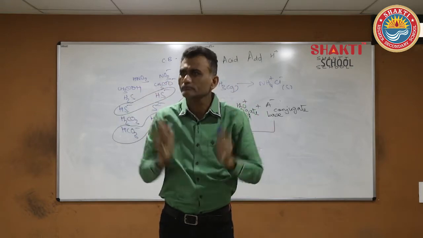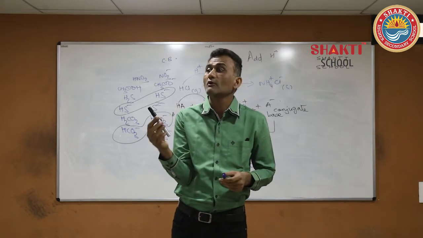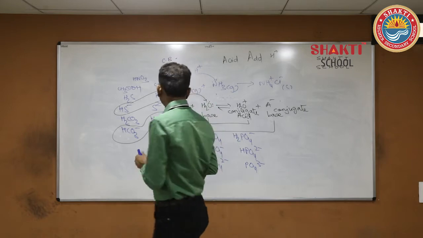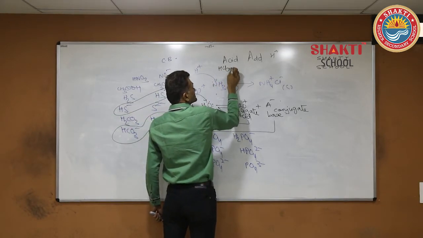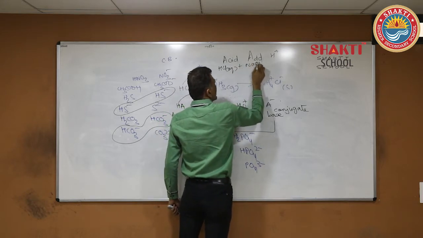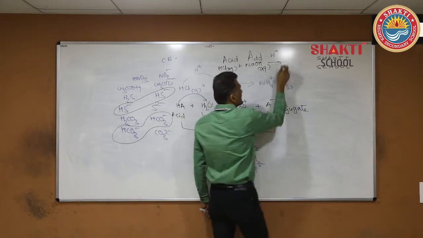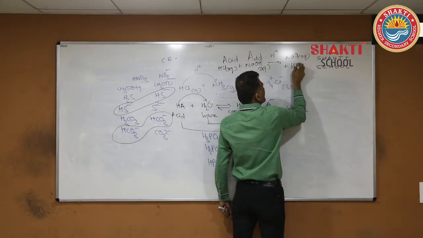When they are mixed, the H plus ion derived from the acid combines with the OH minus ion derived from the base. A very familiar example is HCl aqueous plus NaOH aqueous gives NaCl aqueous plus water.